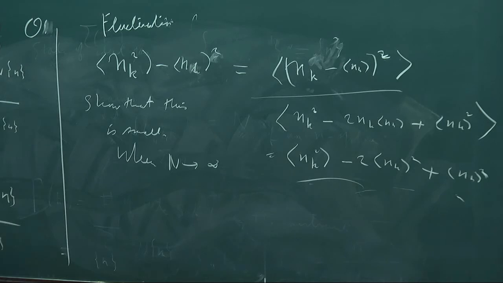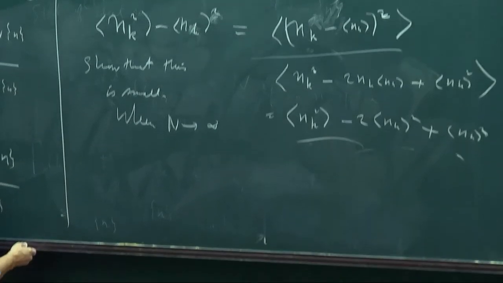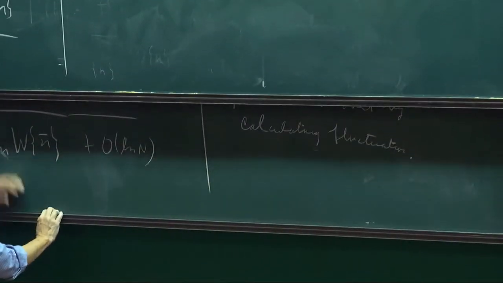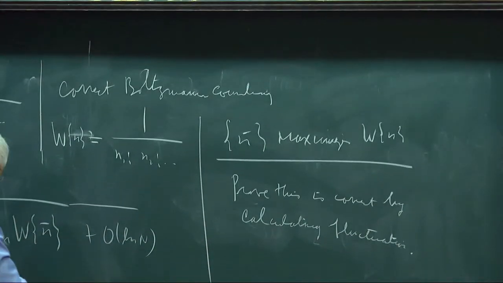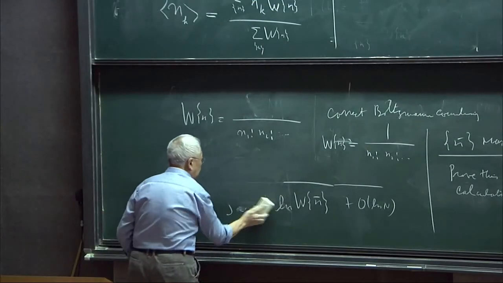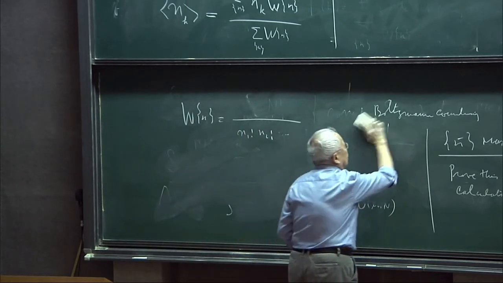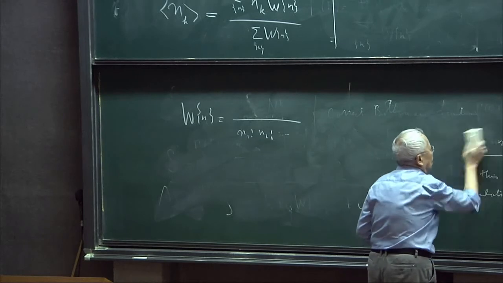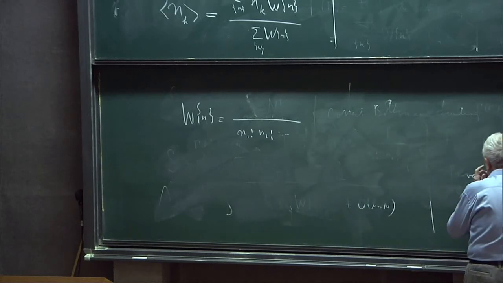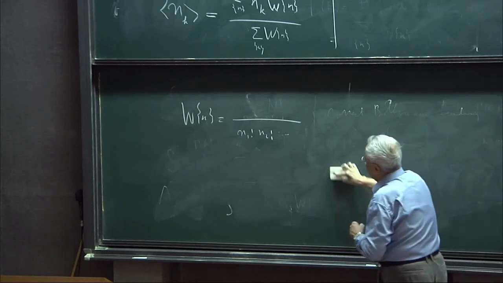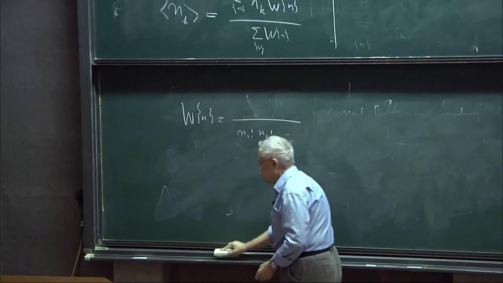So let's calculate. To calculate this, we use the following technique, which again is a very useful technique. You go back and you redefine Wn. We have already removed the n factorial by the correct Boltzmann counting, right?